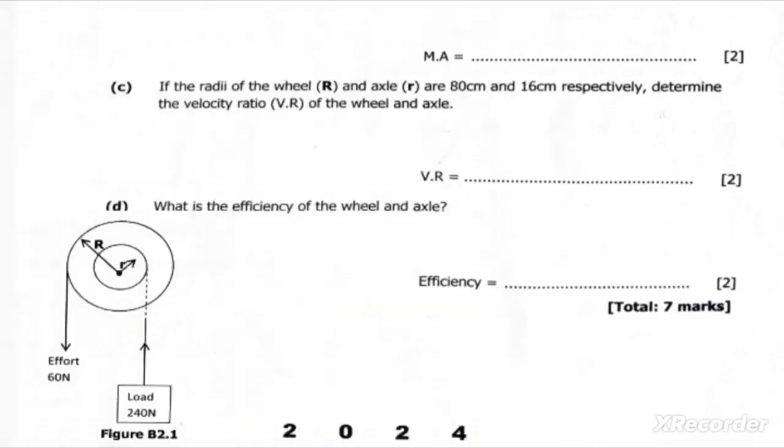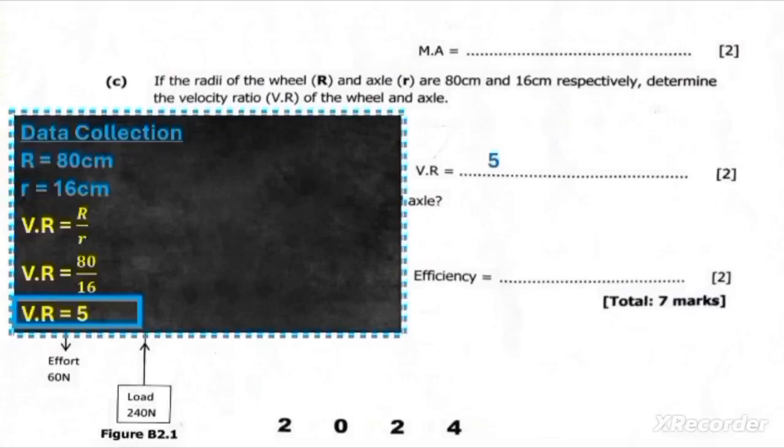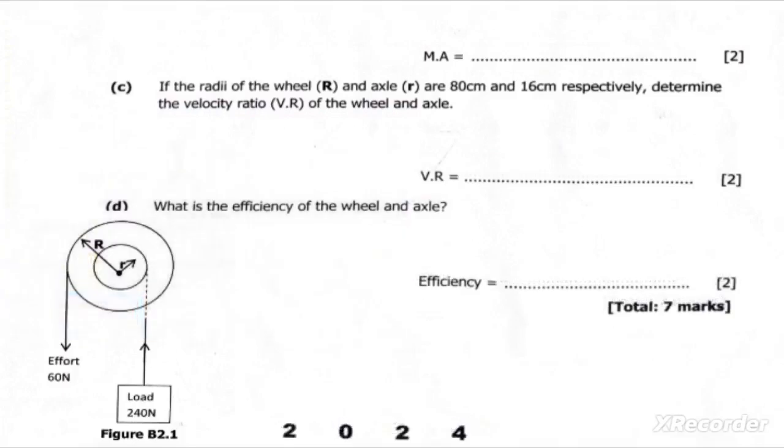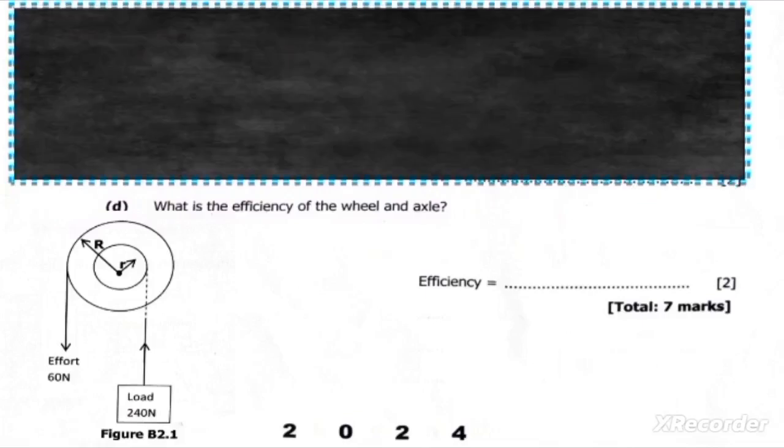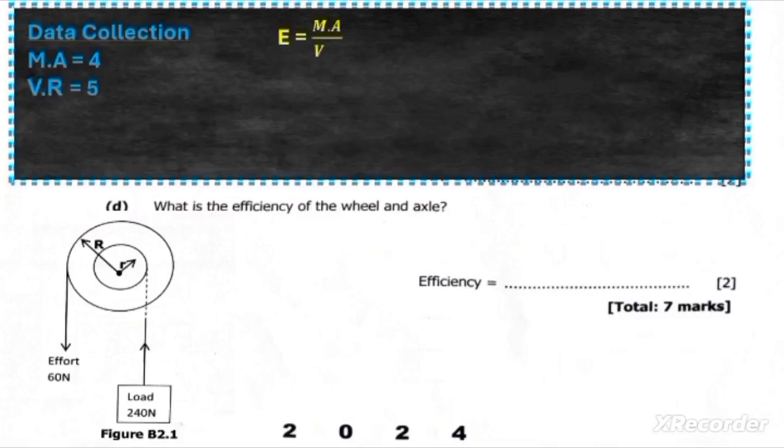We move to the next question, which is question D. Question D reads, what is the efficiency of the wheel and the axle? So the first thing we are going to do, we are also going to come up with the data. We have the mechanical advantage, which is 4. We calculated the mechanical advantage in the first question. We also calculated the velocity ratio in the previous question, and we are looking for efficiency.